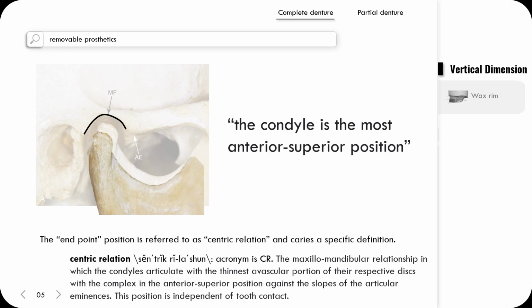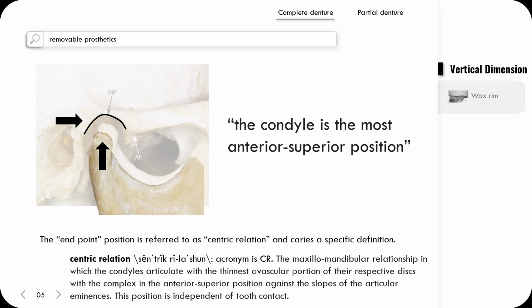So the endpoint position is referred to as centric relation. What it's referring to is when the condyle is seated in the most anterior superior position of that mandibular fossa.